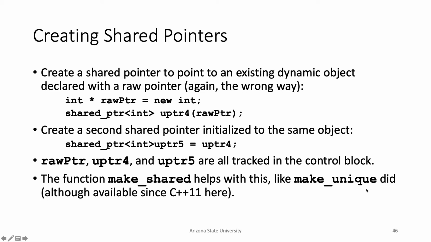And with make unique, where we could avoid the use of the word new, there's a make shared function. And good news there, you don't need C++14, you just need 11 here. So there's a make shared function and a make unique function. Make unique makes a unique pointer, make shared makes a shared pointer.